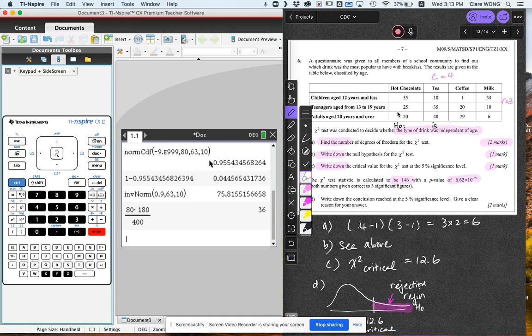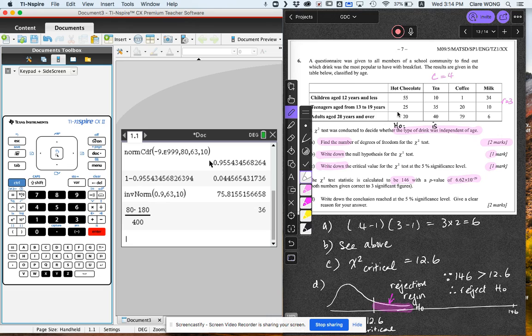Now, this is 146, which is way, way over here. Of course, then we must reject. So therefore, you can say 146 is greater than 12.6. Therefore, since 146 is greater than 12.6, we reject H naught.